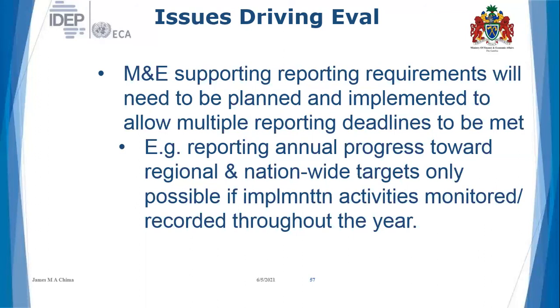For example, reporting annual progress towards regional or nationwide targets is only possible if implementation activities are monitored and recorded throughout the year. If there are lapses in monitoring of implementation activities, the likelihood of also having incomplete information for the annual progress is very high.